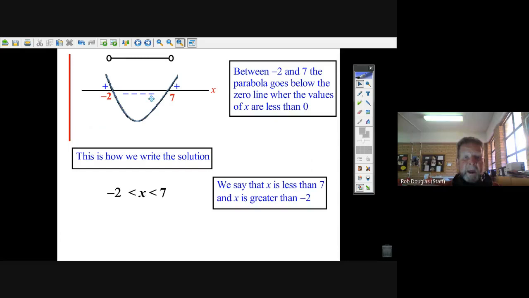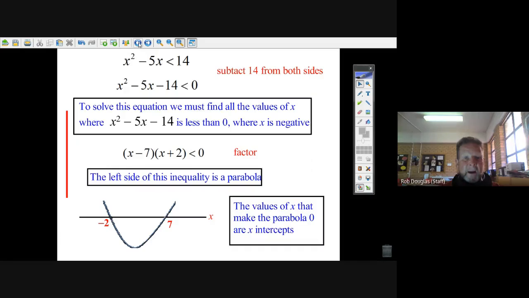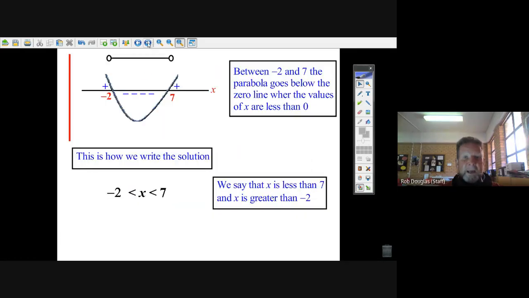If I put any number between minus 2 and 7 into that equation, x squared minus 5x minus 14, I'd always get a negative number. So all of those values in between minus 2 and 7 are solutions.